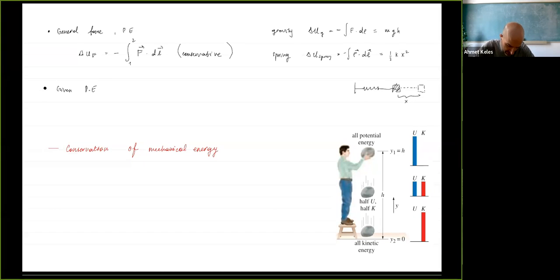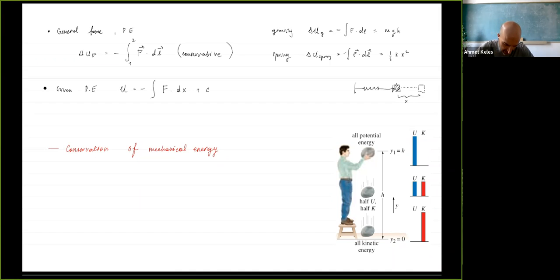For example, we can use this definition. We can take the derivative of both sides if you like. We said it is defined up to a constant, so let's make it an indefinite integral. Let's think of a one-dimensional example to make it simple. U is the integral of F dx, where F could be positive or negative, defined up to a constant.